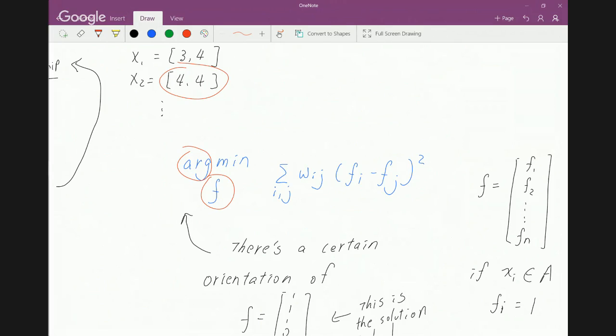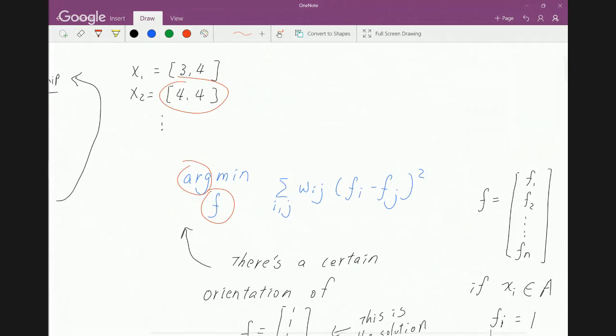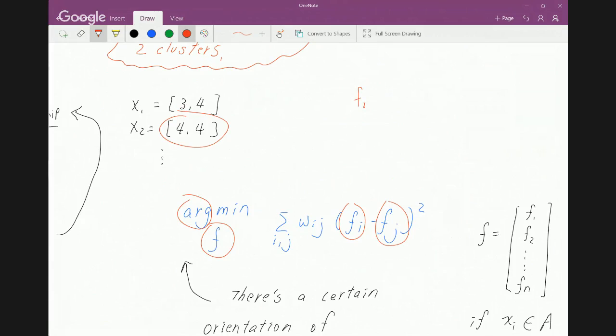Now, if you remember what F, Fi and Fj are, F1 is either 1 or 0. If F1 is equal to 1, it means that X1 is an element of the group, the cluster A. If F1 is equal to 0, it means that X1 does not belong to the cluster A. So on and so forth, F2 equal to 1 or 0 will tell us this.